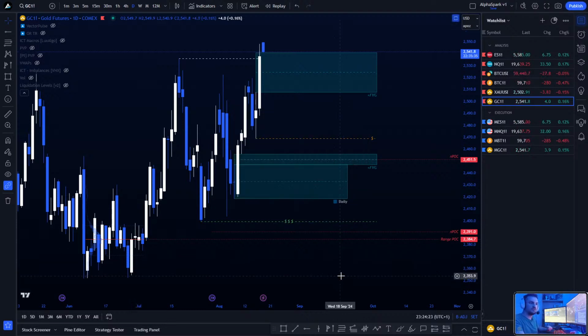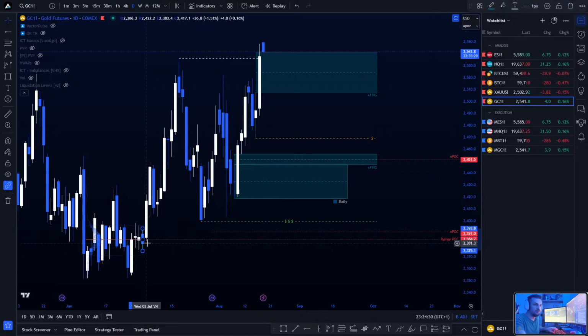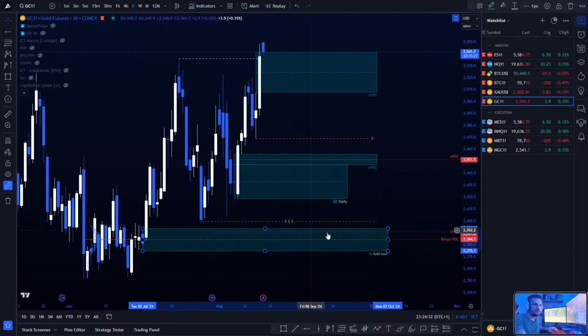Okay, so what am I essentially suggesting? Something like a bounce from here after taking that liquidity, maybe having a bounce from here.